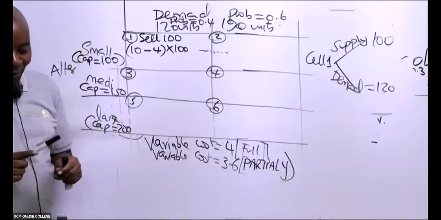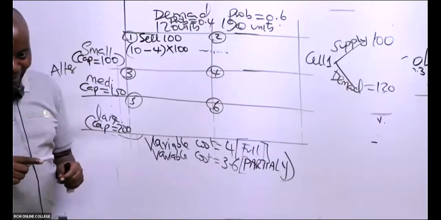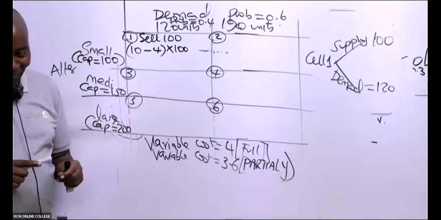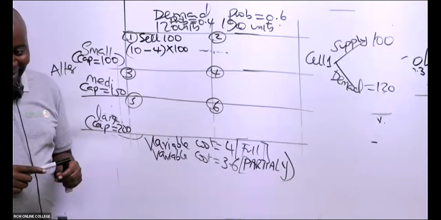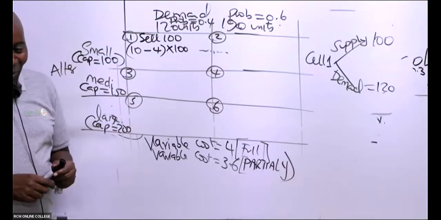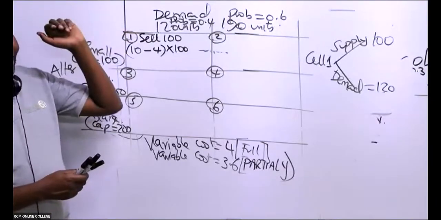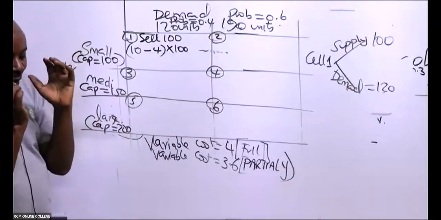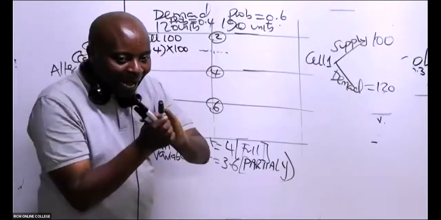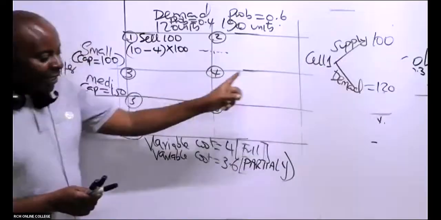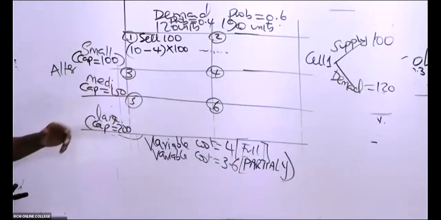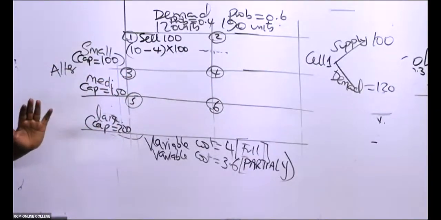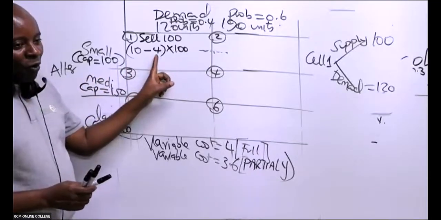Why 4 and not 3.6? I use it especially because you can see that the demand is higher. So the van is full, loaded to capacity with 100. We have said sell 100, and the capacity is 100, so the van goes fully loaded. So which cost do we use, somebody? 4.